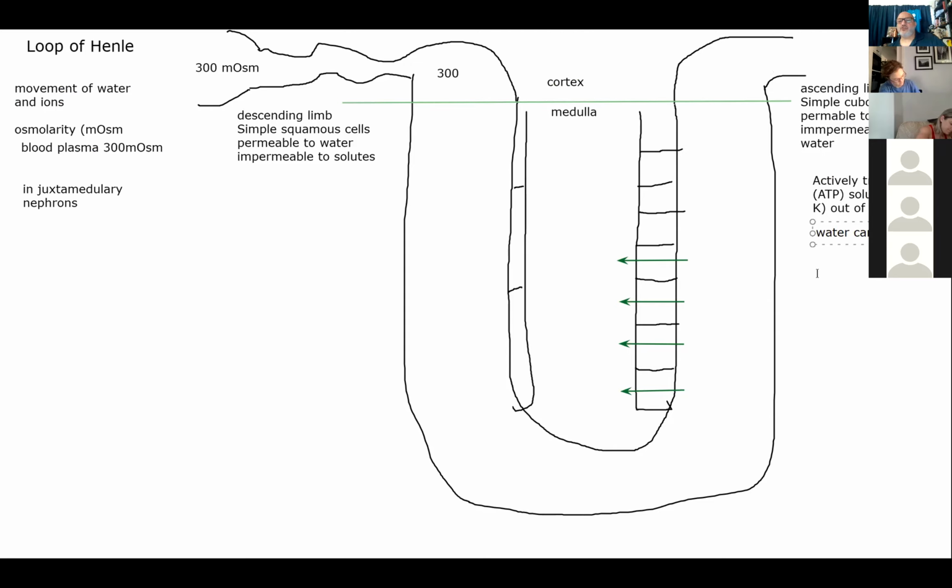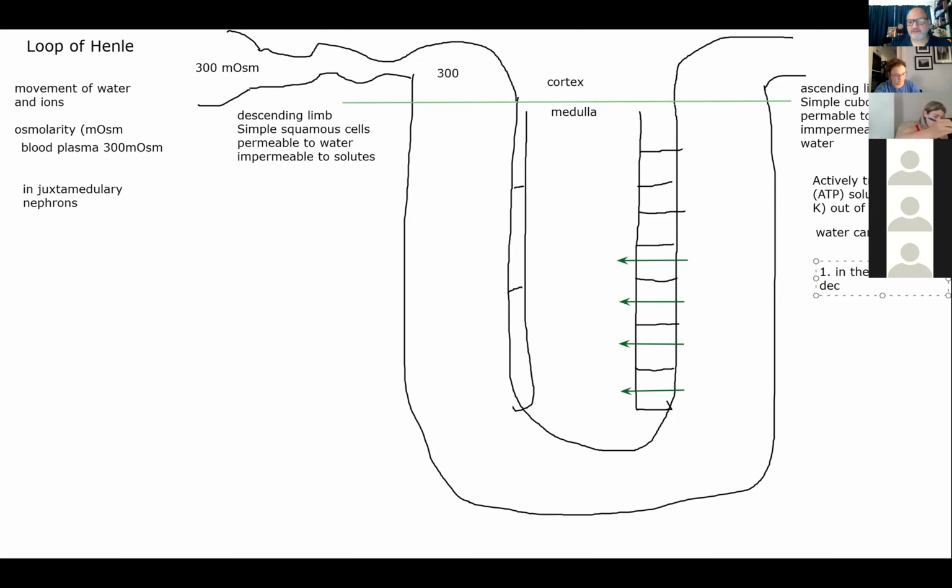So there are two main changes that are going to be taking place. First, in the tubule, what is going to happen to the number of solutes inside the tubule? Is the number of solutes going to go up, going to go down, or stay the same? It's going to go down. Yeah.